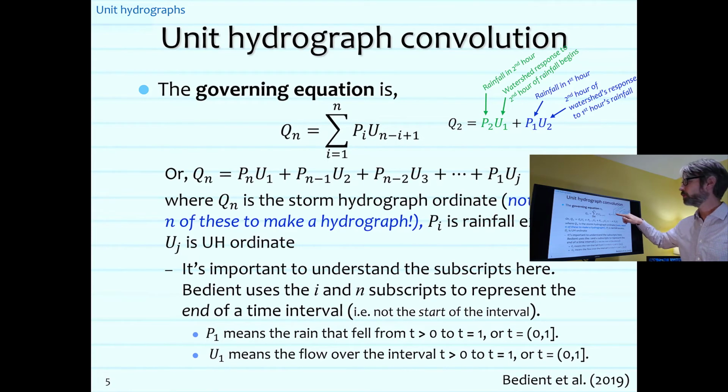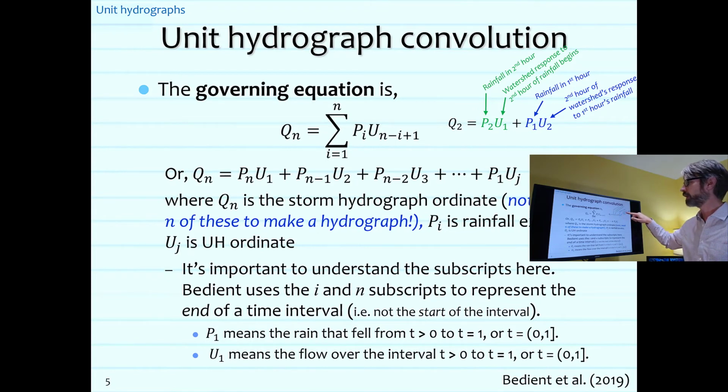Well, P2 is the rainfall in the second hour, and U1 is the watershed response to the second hour beginning. So this is the very first part of the response to the second hour of rainfall. And then this one is P1 U2. So this is the watershed's continuing response after the rainfall in the first hour.